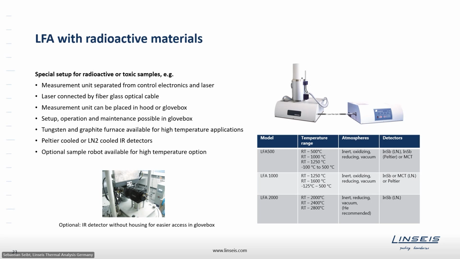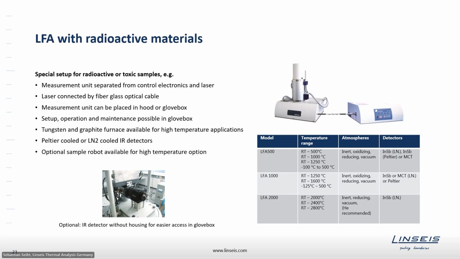For example, also for high temperature applications, going up to 2000 degrees Celsius or higher, we have some special furnaces out of tungsten or graphite. And one important part is that the detector collecting the temperature rise with time can be cooled with liquid nitrogen, but this is often a problem in glove boxes.